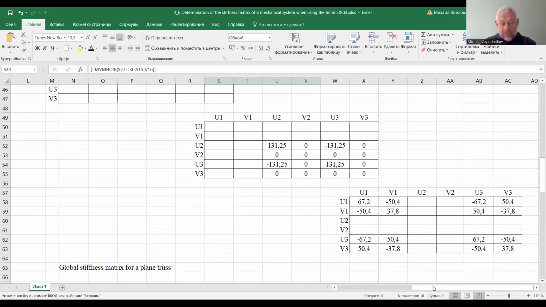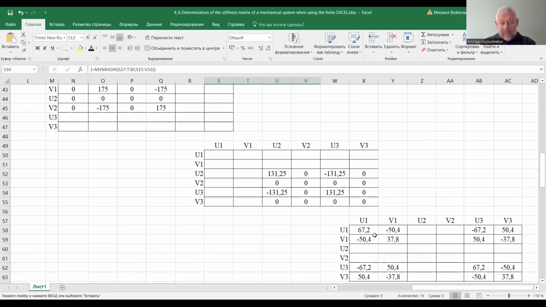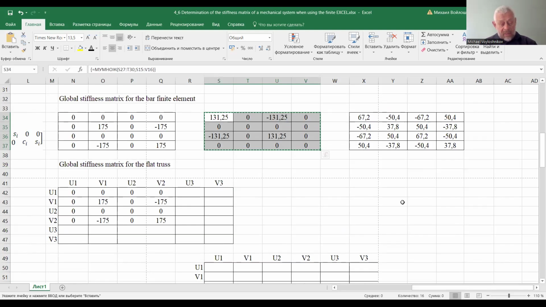And the same we have to do for the last finite element, but for the last one it is a little bit of another way to do. The last finite element begins at node 1 and ends at node 3.